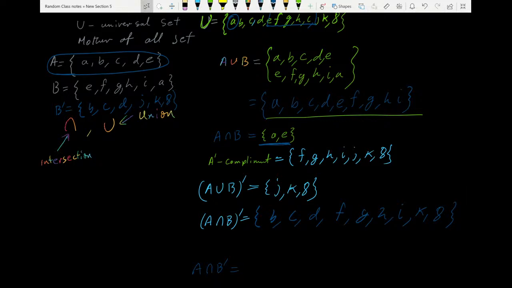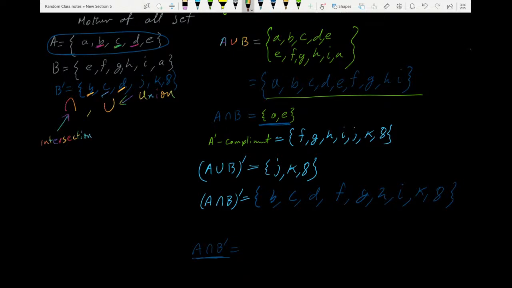So therefore, A intersect B complement. We've got to find the elements that overlap between A and B complement. B, C, D. So my answer would be B, C, D. That was the hard one.